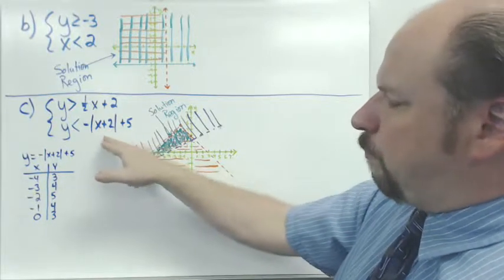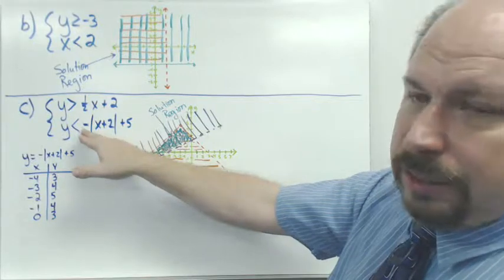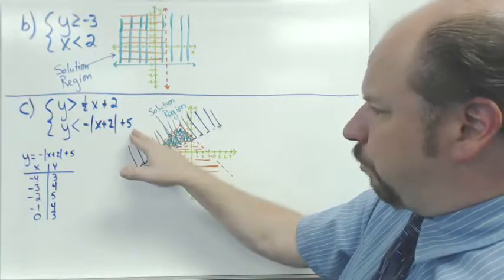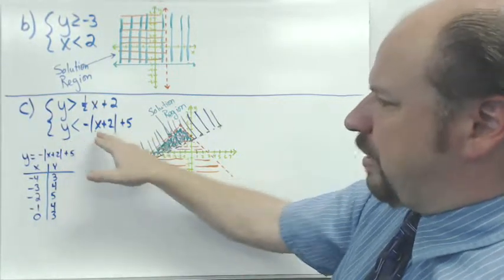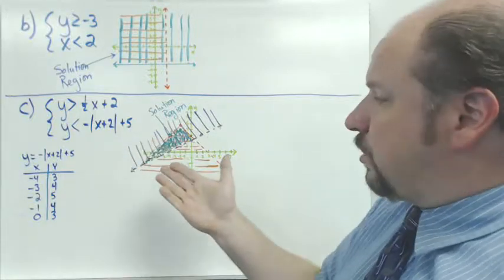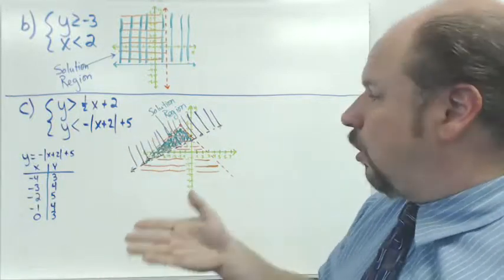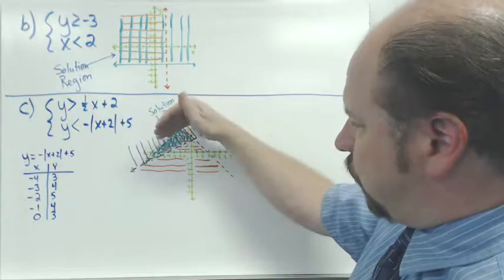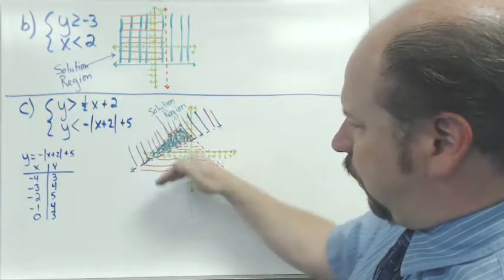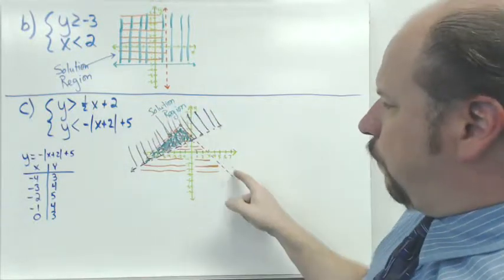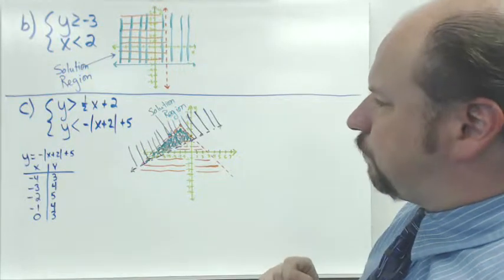So this would be 2, but make it negative. So negative 2 plus 5 is 3. So 0 is less than 3. That is true. So that is part of our solution region. So we're going to shade inside, or kind of beneath the graph here. Remember, it is a dashed line, of course.